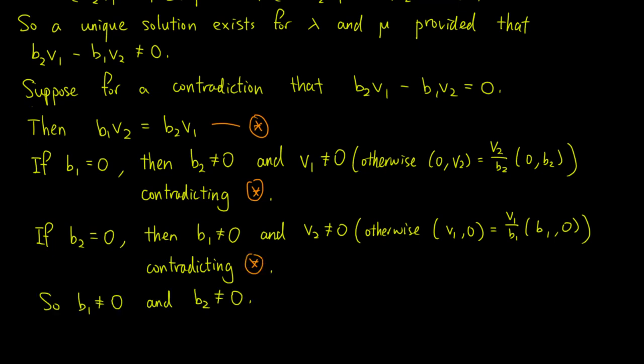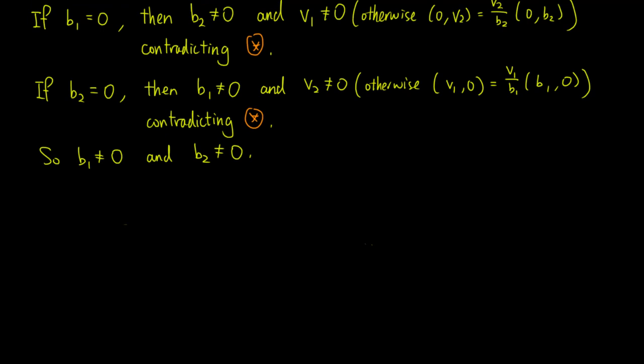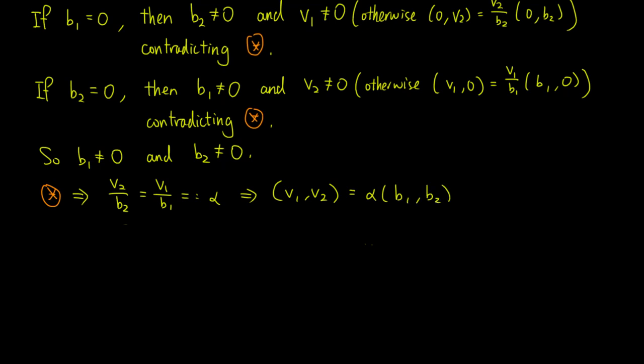So now we know that b1 is non-zero, and also b2 is non-zero. From star, we can divide both sides by b1 and b2 to get v2 over b2 equals v1 over b1. Let's call this alpha. So, (v1, v2) equals alpha times (b1, b2), which again implies that the two lines are parallel, again a contradiction.